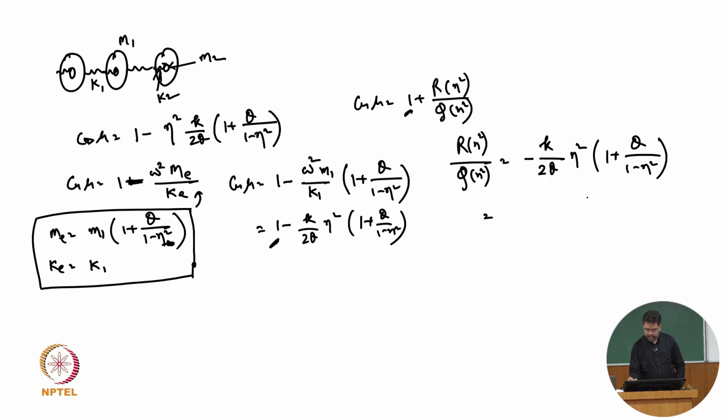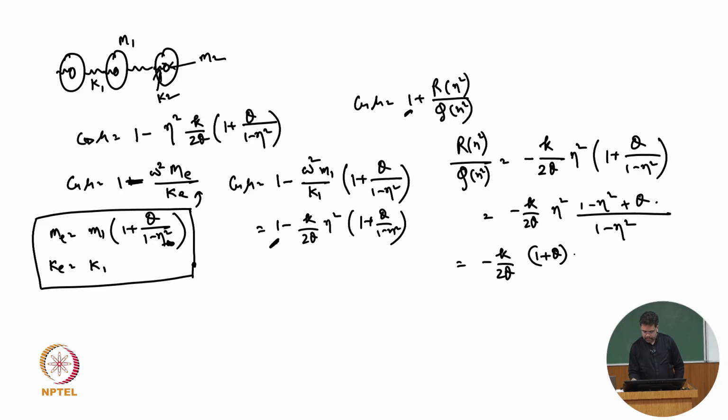Now we cannot leave it like this, so what do we do? Kappa by 2 theta is like a constant term, so it is common and we can take it out. Now here it can be 1 minus eta square plus theta. So we can write minus kappa by 2 theta, then we get at the top 1 plus theta minus eta square, multiplied by eta square.